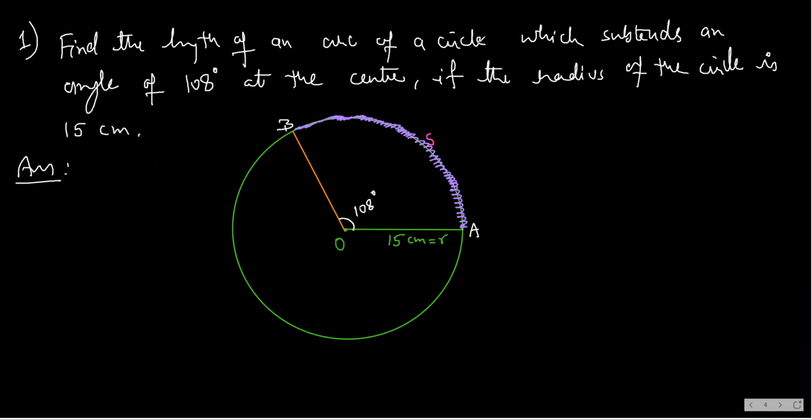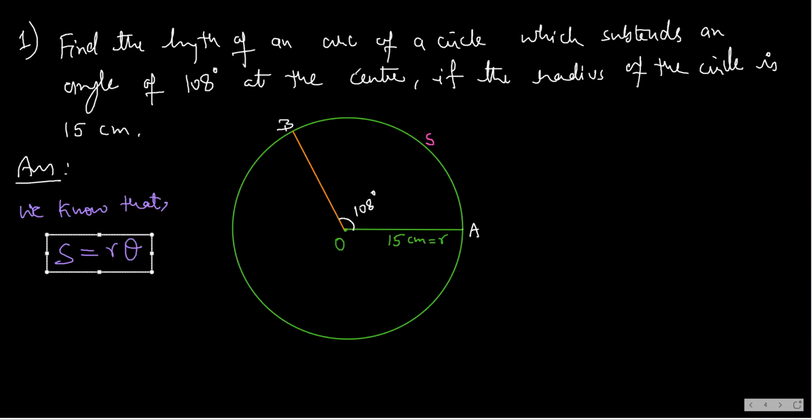Okay, I'll go for the formula. The formula says S equals R theta. So here I'll write, we know that S equals R theta. Now remember, students, the condition is that this theta which you are using in the formula is required to be the magnitude of the radian measure. So here I will change this degree angle into radian first.